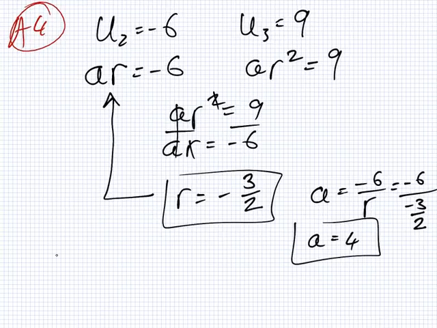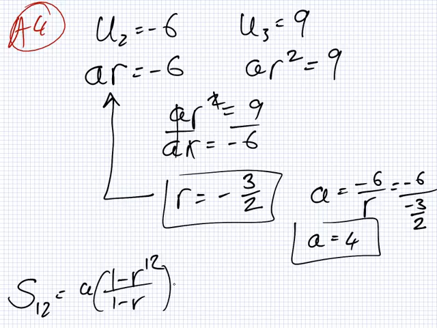Now, we want S12, which is a times 1 minus r to the 12 over 1 minus r. So that would be 4 times 1 minus minus 3 over 2 to the power 12, over 1 minus minus 3 over 2. Minus 206.